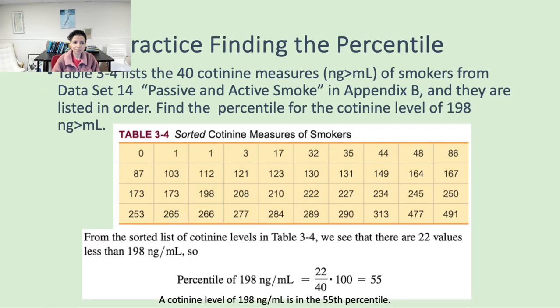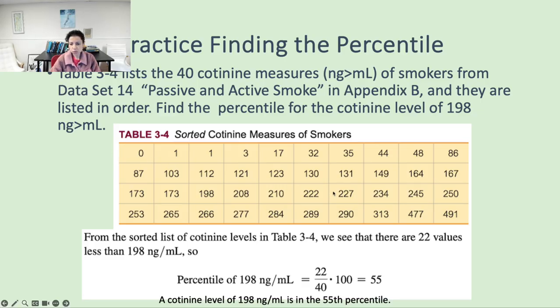So let's practice that. In this table, what we have is measurements of cotinine. This is the measure of basically nicotine in individuals who were not smoking themselves but had exposure to secondhand smoke.